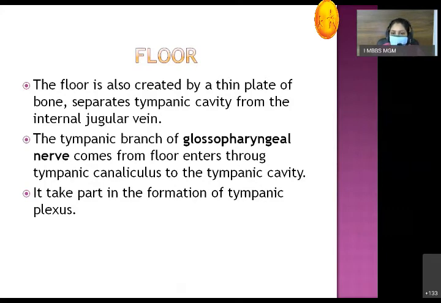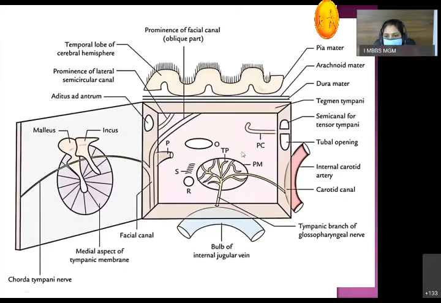A branch, the tympanic branch from the glossopharyngeal nerve, comes from the floor, enters through the tympanic canaliculi, and comes into the tympanic cavity. So here you can see a branch which is coming from the floor. This is the bulb of the internal jugular vein, and a branch is coming from the tympanic canaliculi. This is the tympanic branch of the glossopharyngeal nerve, which forms the tympanic plexus on the promontory.